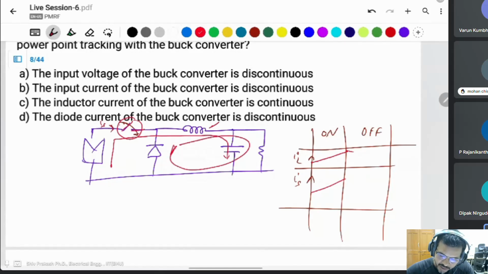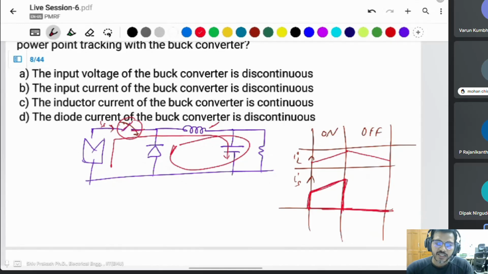The inductor current will be decreasing in this area, but the source current will be 0 at this moment. This is the source current waveform, and the source current will be discontinuous.